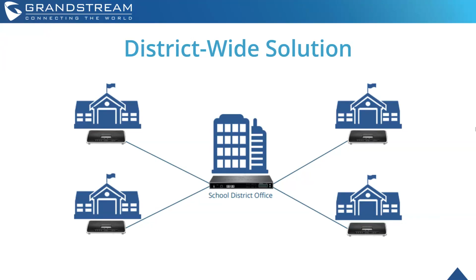Then, like I said, it was deployed in a network arrangement. It creates a fail-proof solution. So everything is under one network, but if at any time the central school district office network is to go down, the various schools would still be able to accept any kind of inbound calls and route them to their correct destination.